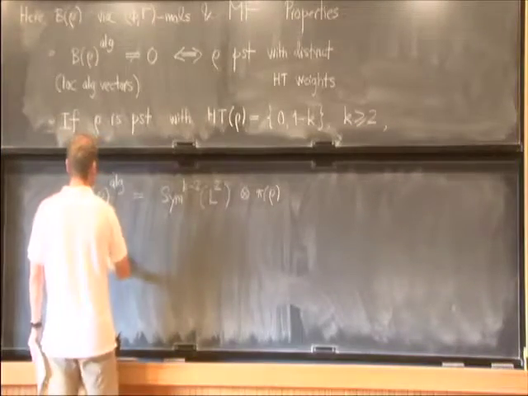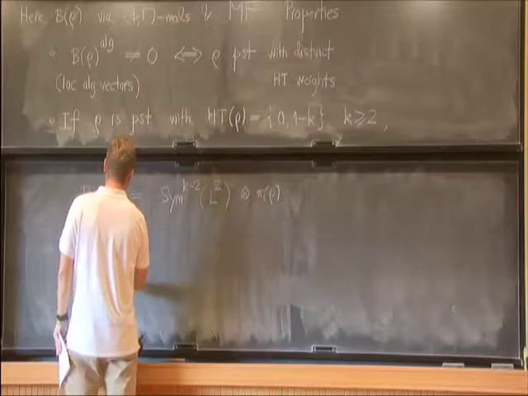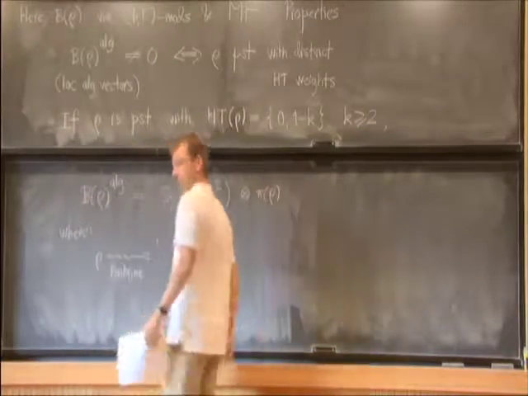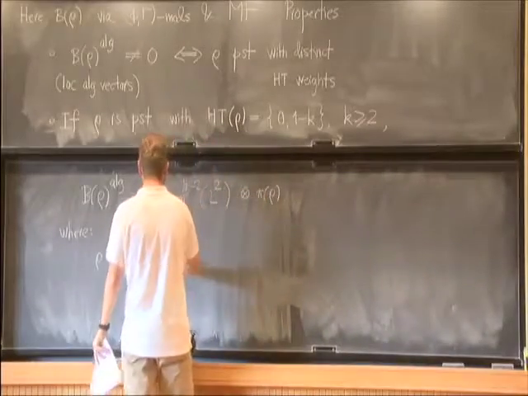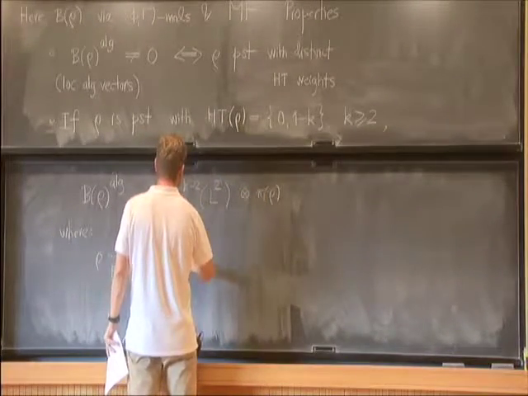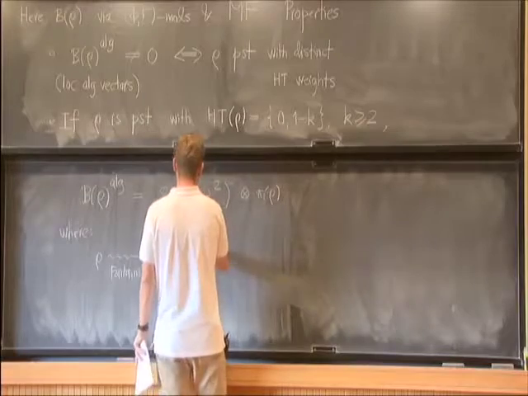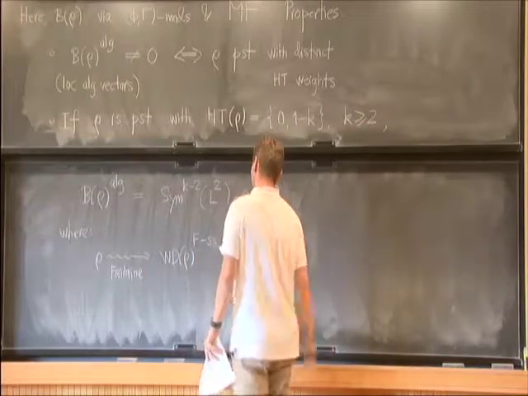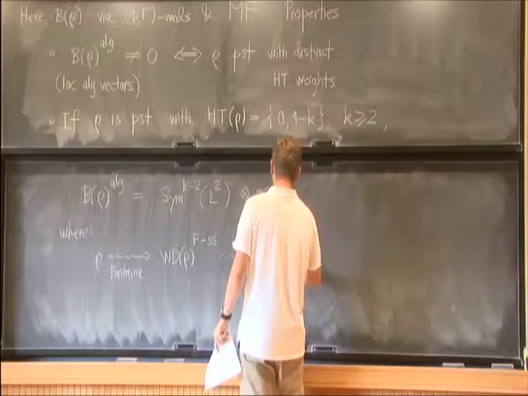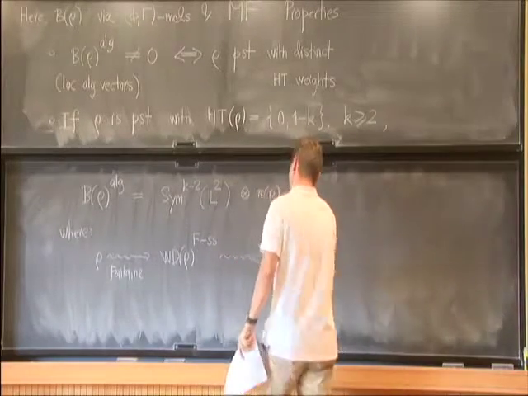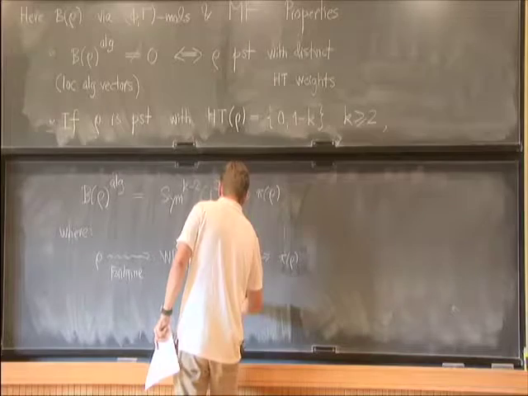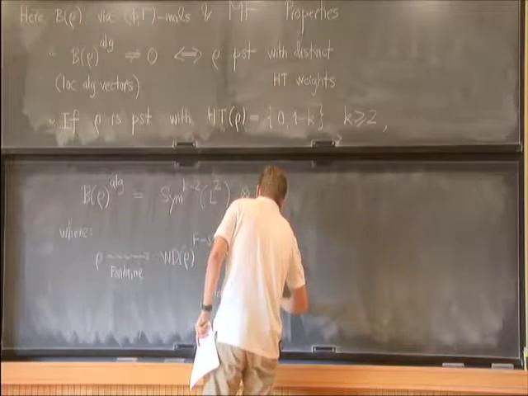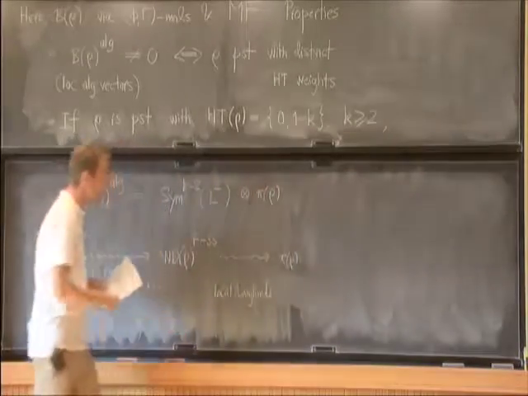So there's this recipe of Fontaine, which associates a Weil-Deligne representation. And you Frobenius semi-simplify. And then by local Langlands, you get this pi of rho. Essentially.